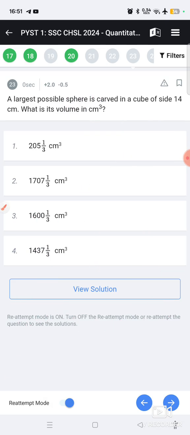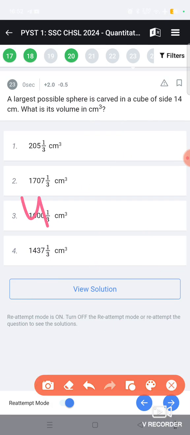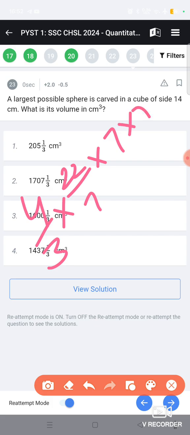Just a second. 4 by 3, 22 by 7 into 7 into 7 into 7. 7 cancel. 49. Okay, and 88.